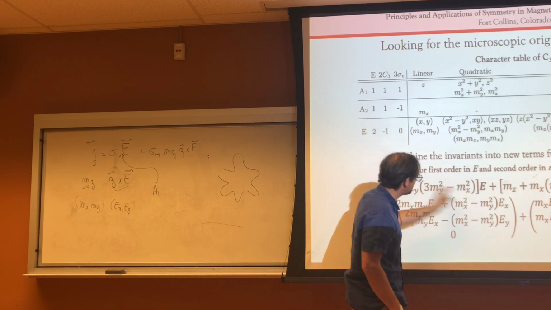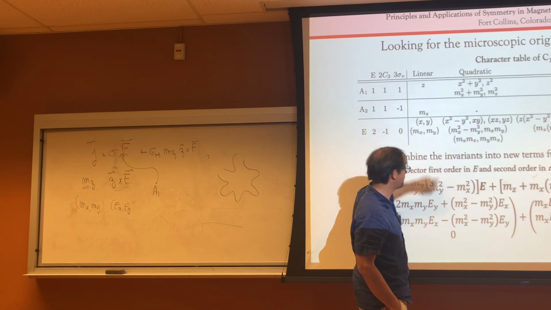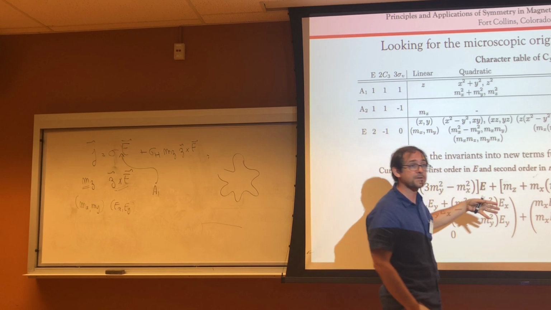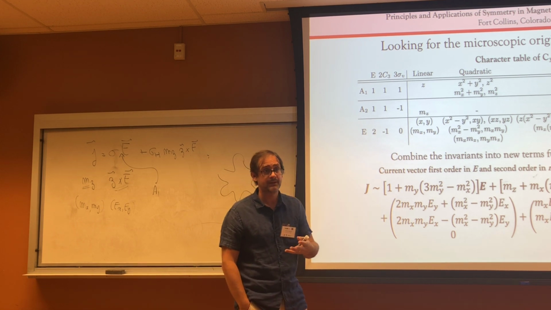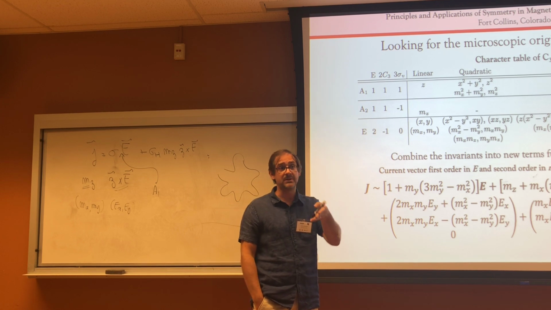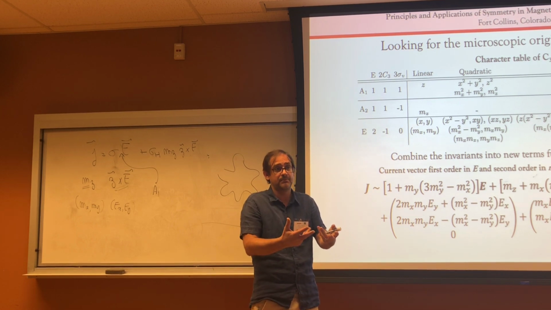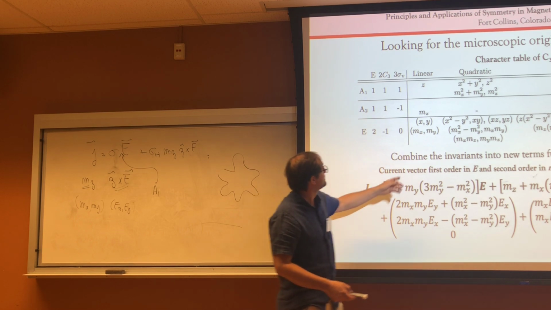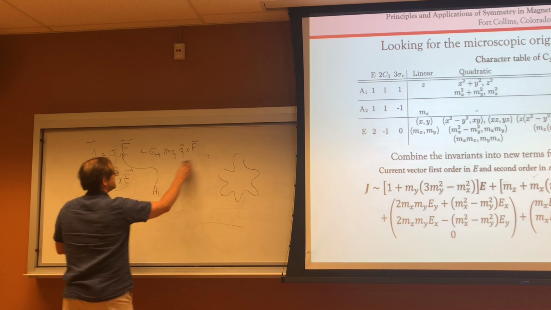So all the terms here must be proportional to components of the electric field. But the component can be Ex along X, Ey along Y. They can also be Ex along Y, Ey along X. It doesn't tell you exactly in which direction they are. It just tells you that you need both components.